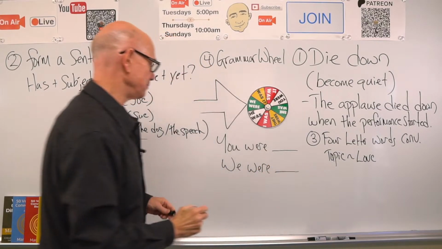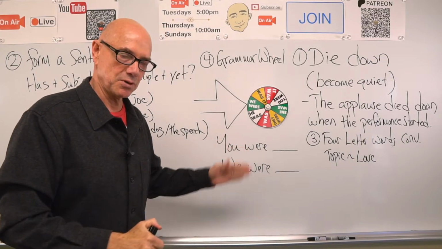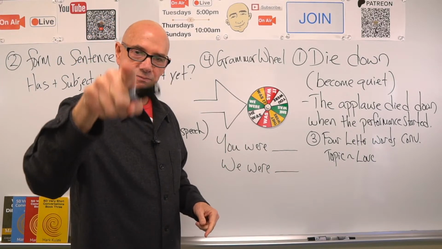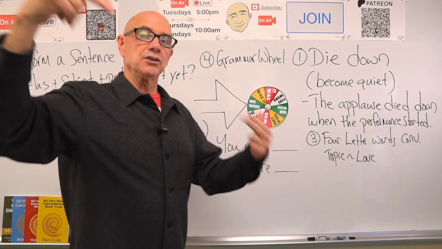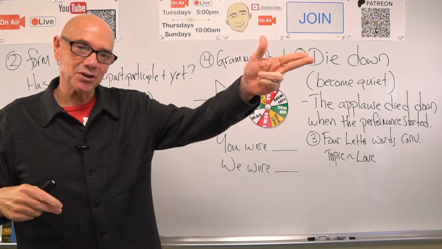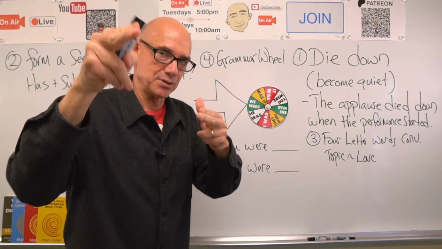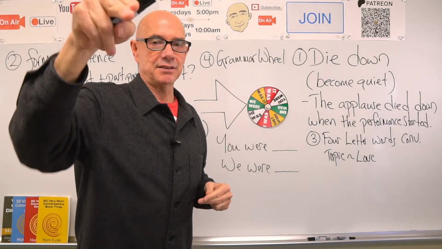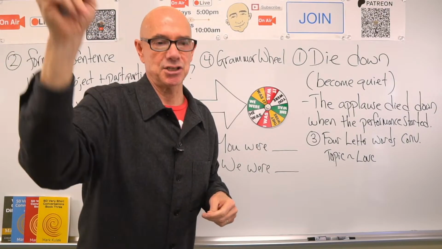Okay, that's number 2. So you have 2 choices now. You were and we were, right? So you were, that's you, one person. We were, you are included. So, for example, you were, I'm not included. You are the only person in the sentence, right? You were at the mall yesterday. I saw you when I was at the cashier, right?